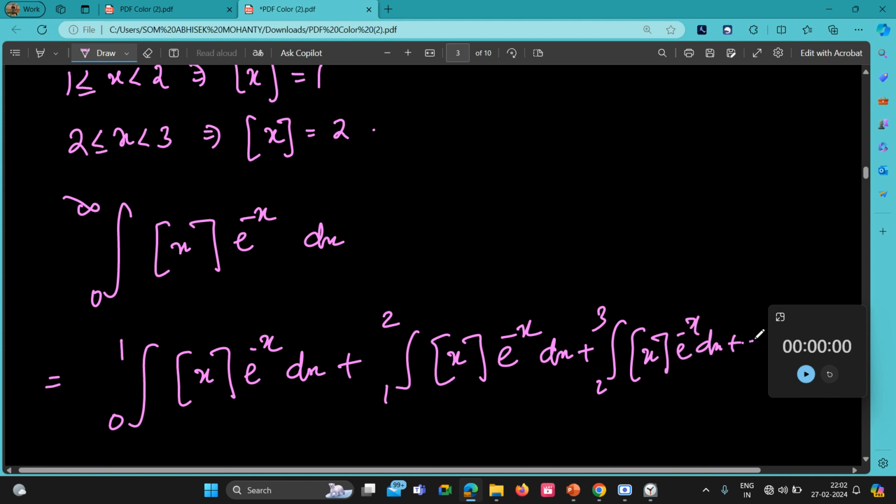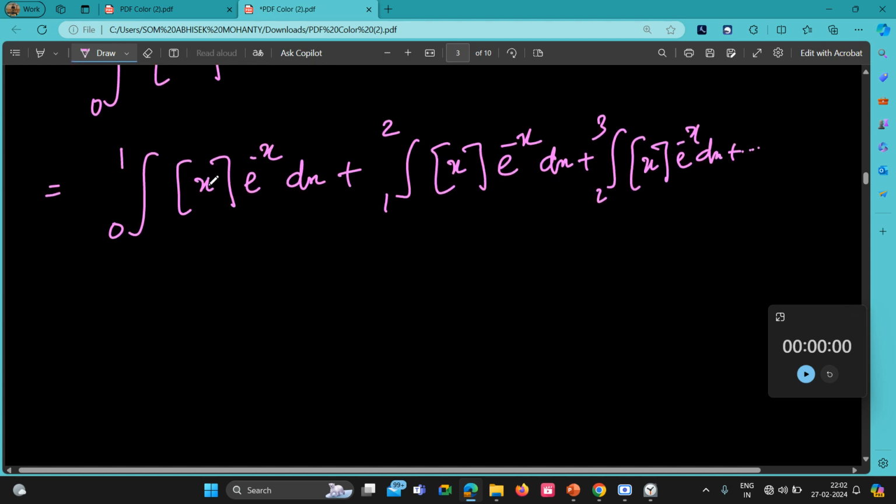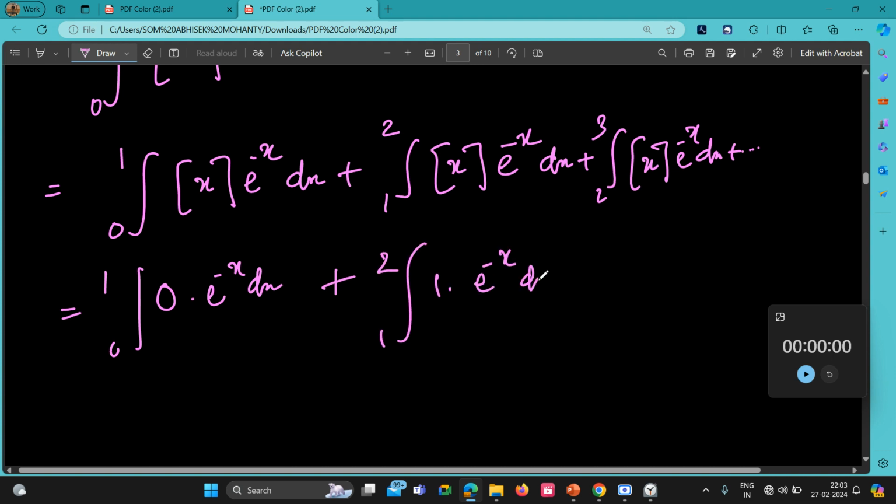Okay, so if you see, the value of [x] here will be 0, the lower limit value. So 0 to 1 gives 0, plus here the value will be 1, 1 to 2, 1 into e to the power minus x dx, plus 2 to 3, the lower value 2 into e to the minus x dx.